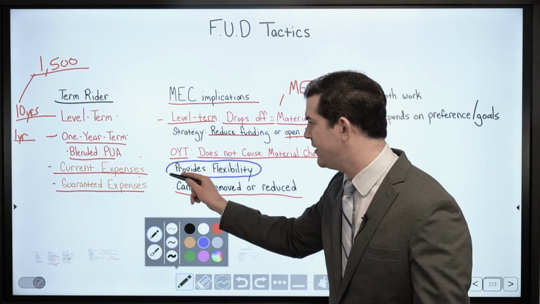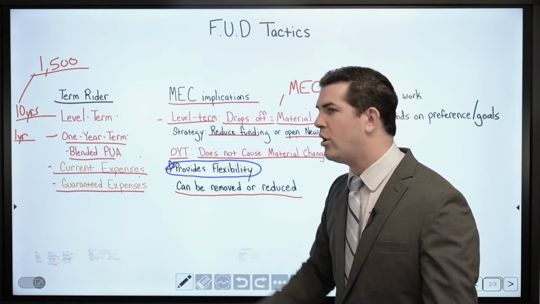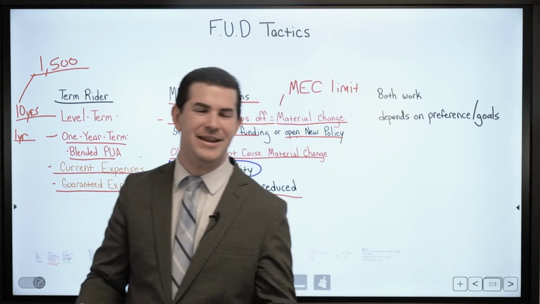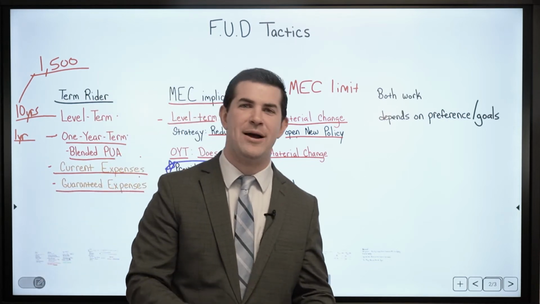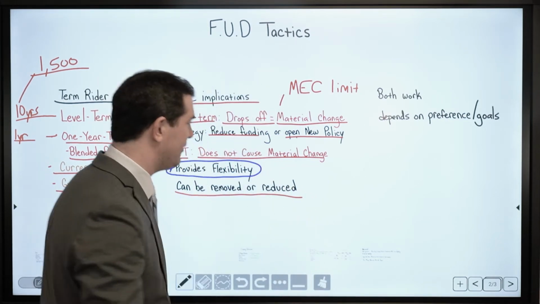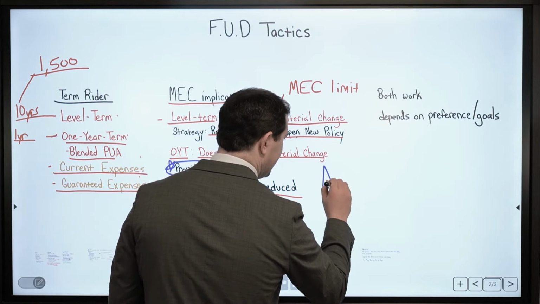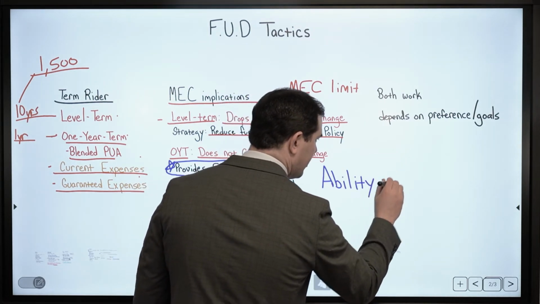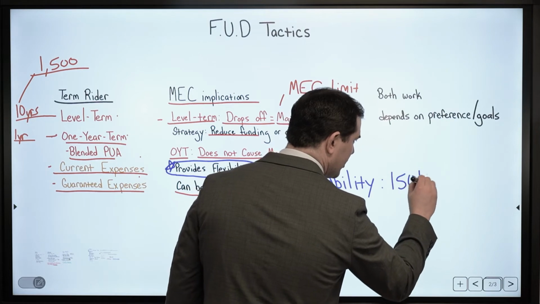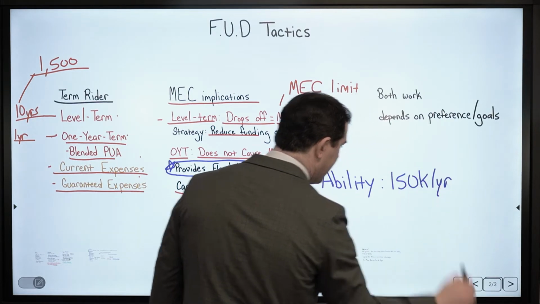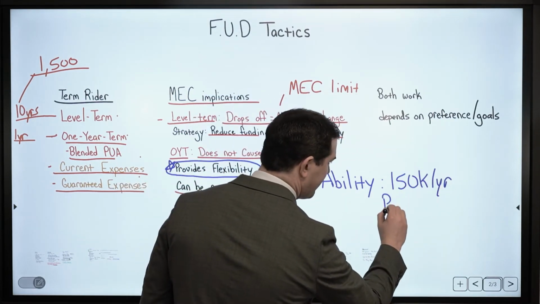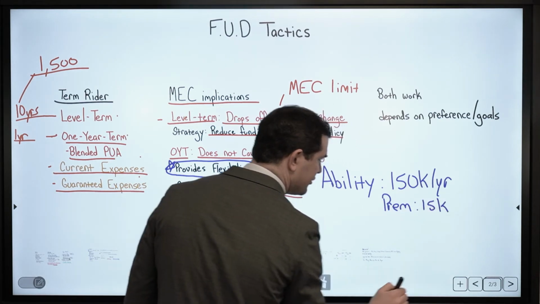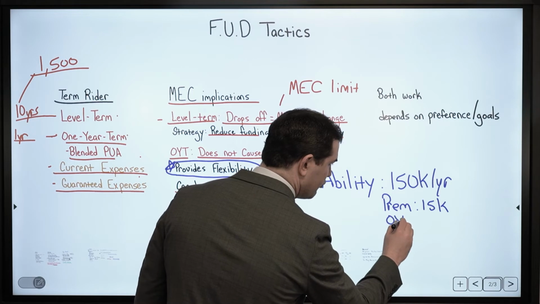It provides flexibility. So often we'll talk about policy design and having the ability to add the dollar amount that I want. For example, if I want the ability to throw in, let's call it $150,000 per year into a policy, I can design a policy with a minimum premium of $15,000, have that 1-year term rider attached.